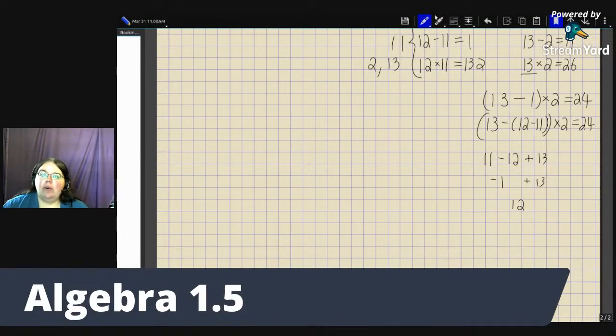Okay, so this is our Algebra 1.5 lesson for today, and this is going to follow along with some of what we introduced last time, which was evaluating expressions. Well, now we have goals in how we want those expressions to evaluate.